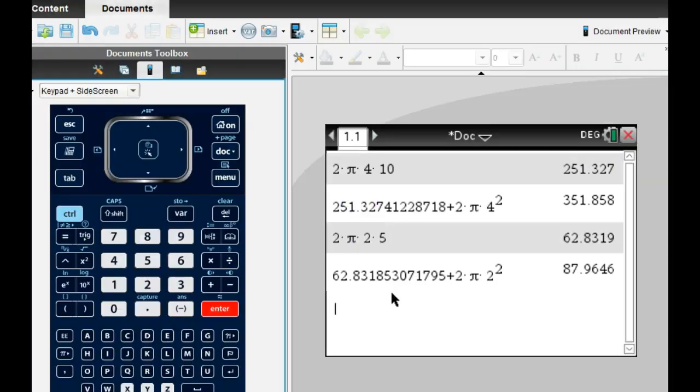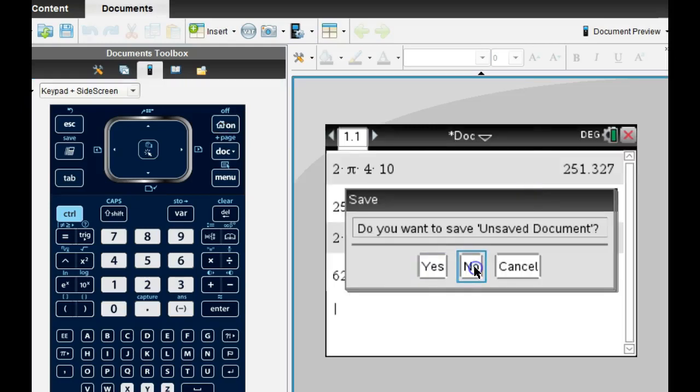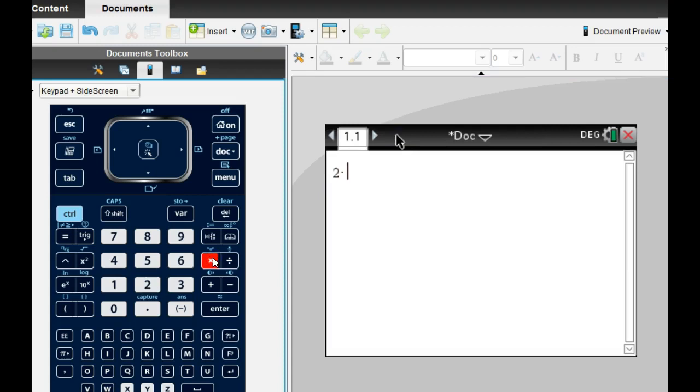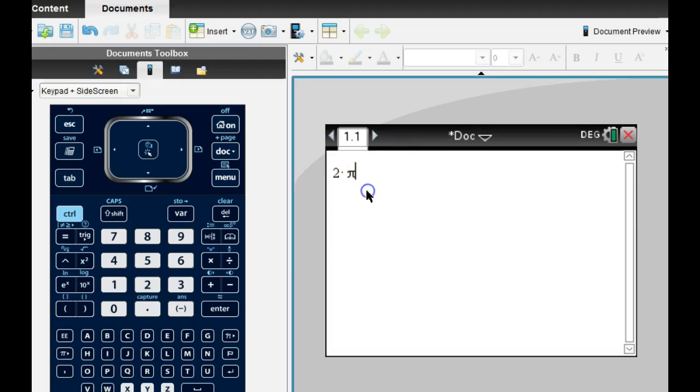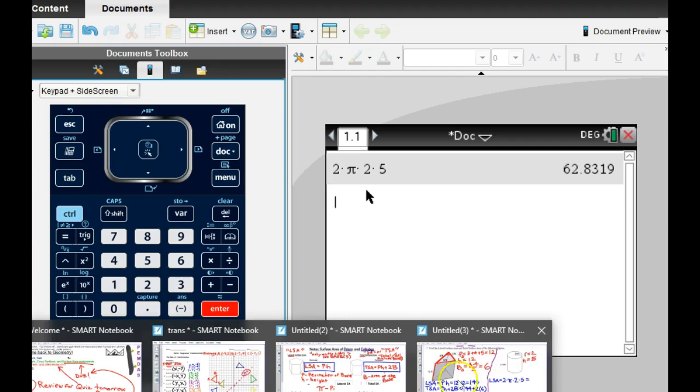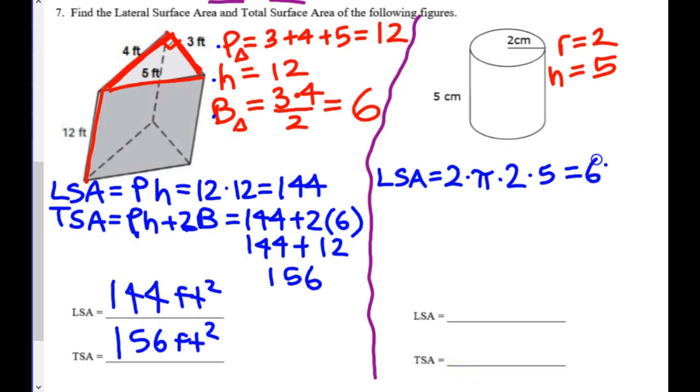Pi is next to H down here. I get 62.83. So let's write that down. That's it for lateral. And that's going to be centimeters squared.